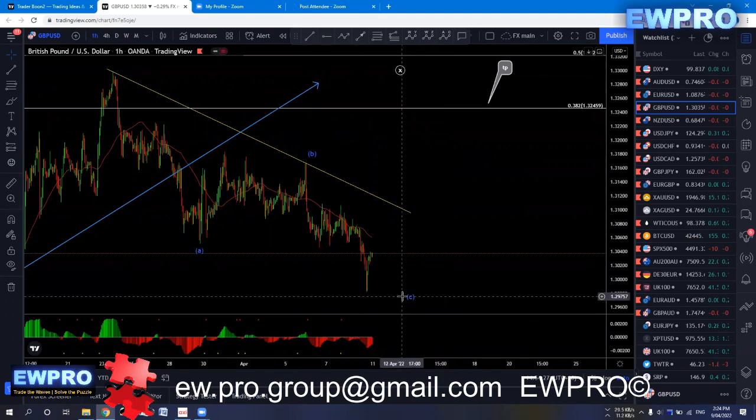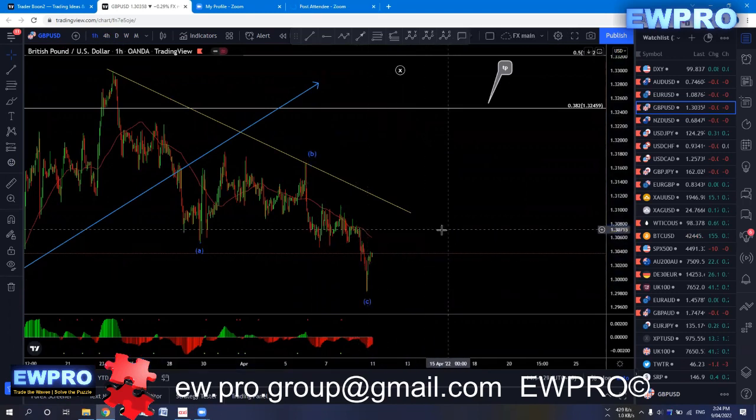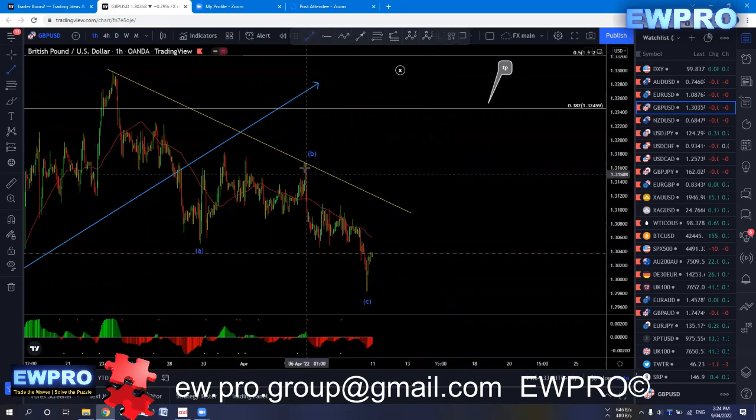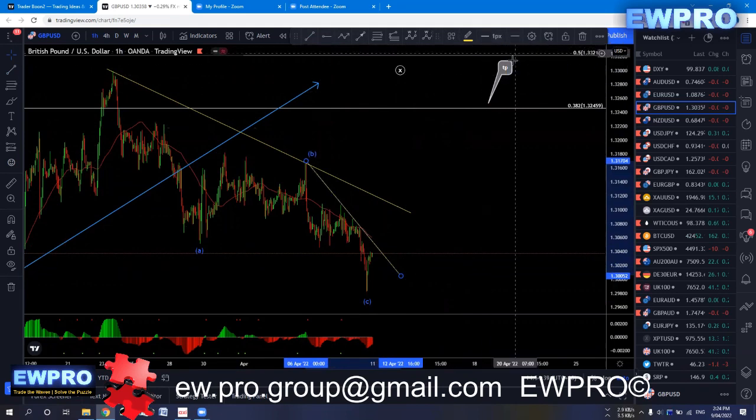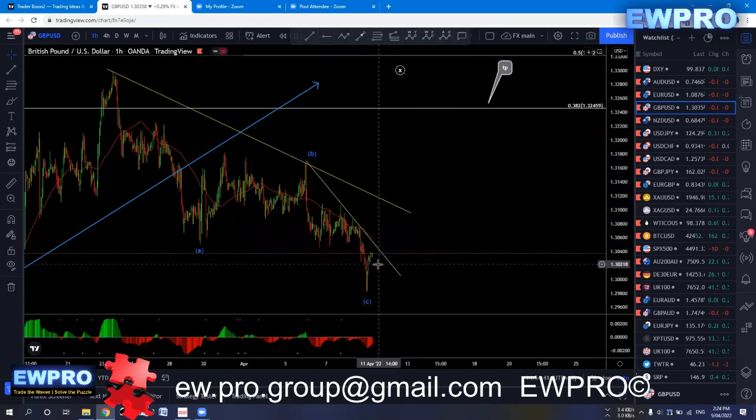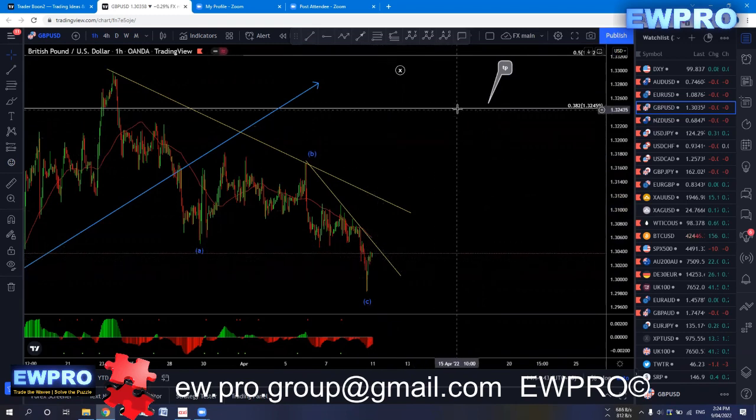And so on the H1, we have the bullish divergence. So you'd be looking for a buy setup on the lower time frames. Any buy setup you get, look for the buy.